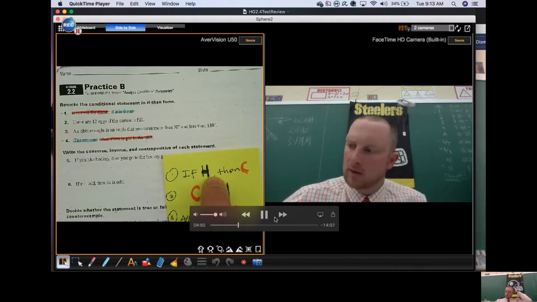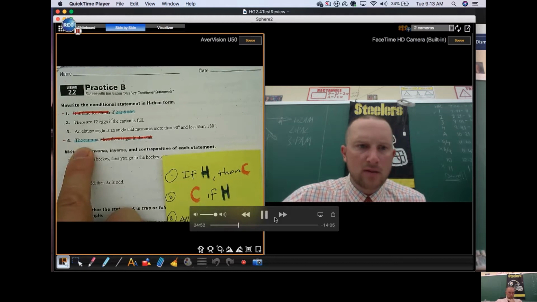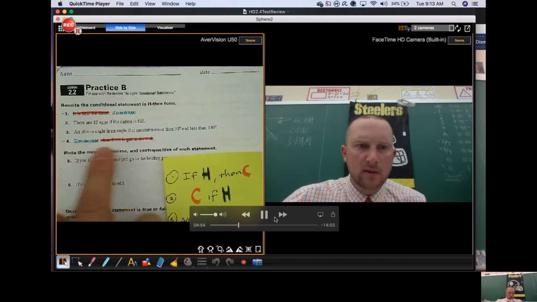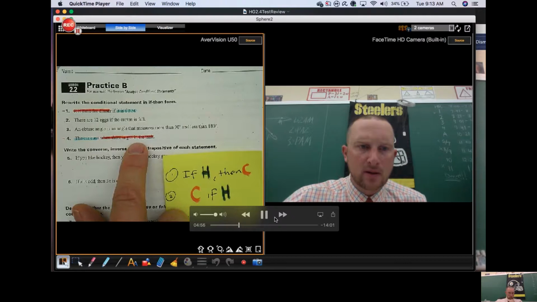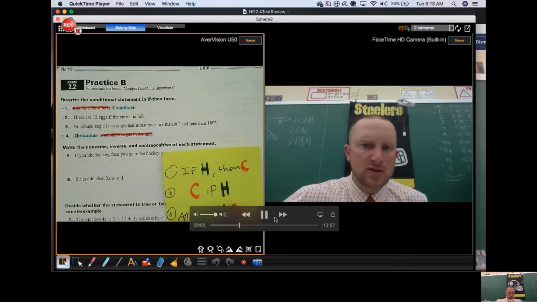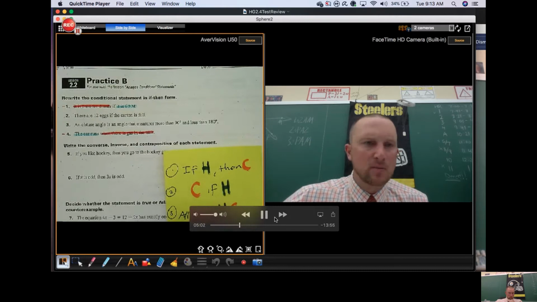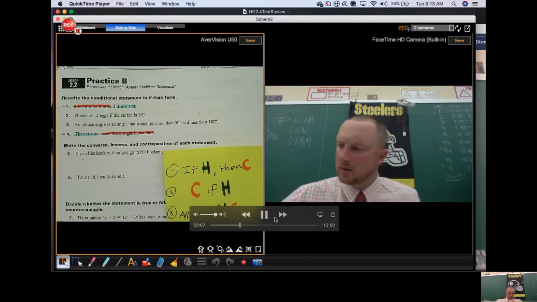If blue, then red. If the car runs, then there's gas in the tank. That's all you do. This is an important skill. Making statements mean the same thing. So there's going to be a few questions on that.